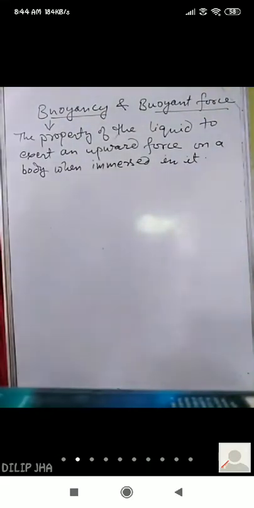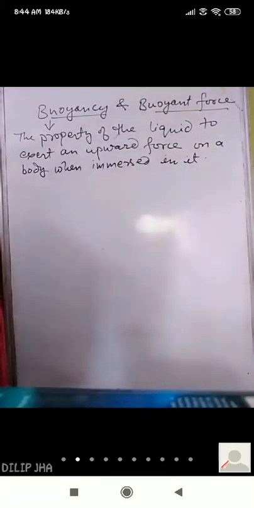This is called buoyancy. ये property है fluid का, चाहे वो liquid हो और gases. That is called buoyancy.